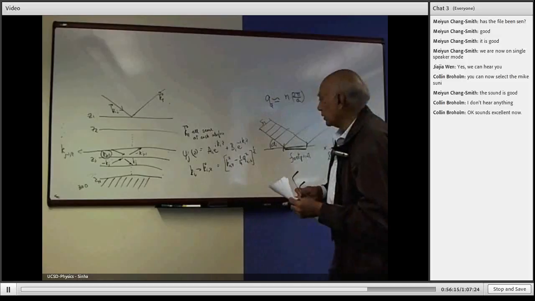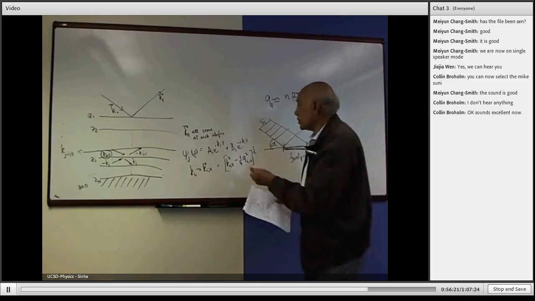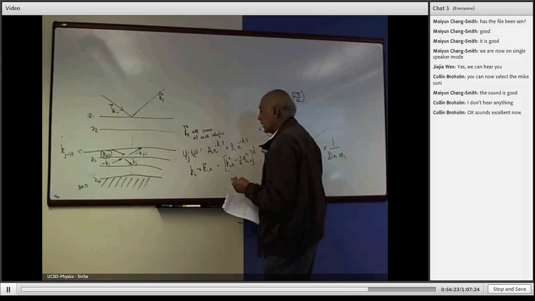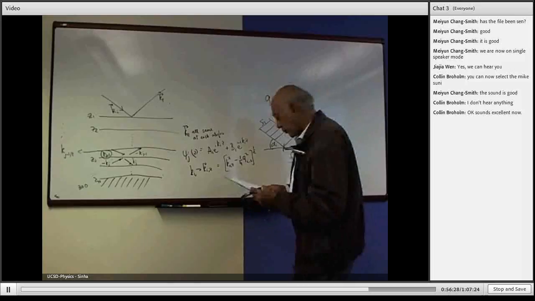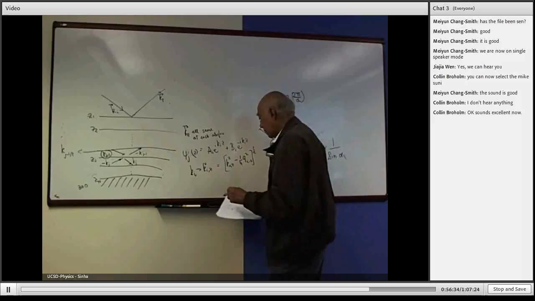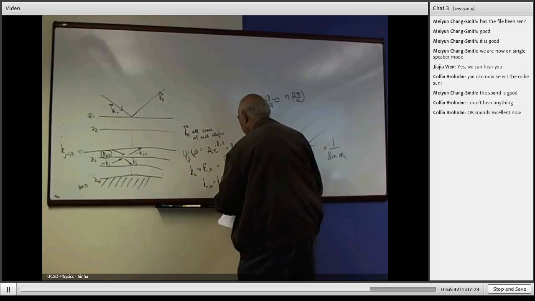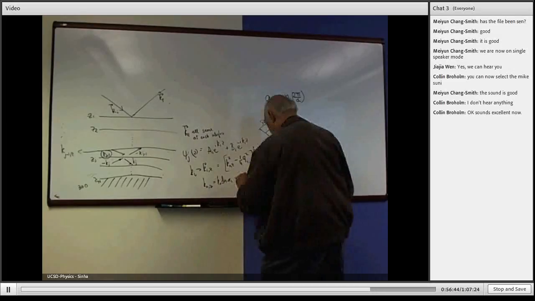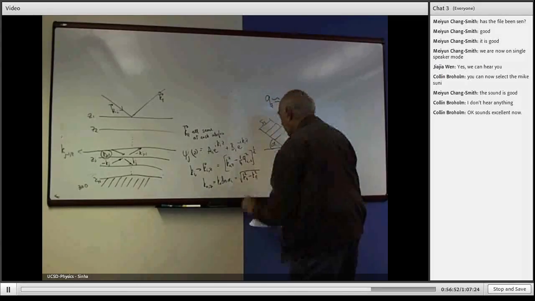So that's what the theory uses: the condition that the k parallel is the same and that the refractive index controls the magnitude of the overall k. The z components are related in this way, as we've seen before, because k0z is simply k naught sine alpha i, the angle of incidence on the surface, which is also the square root of the incident wave number magnitude squared minus k parallel squared. And that's constant for all of them.